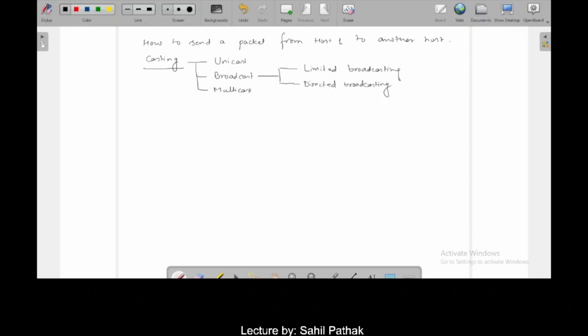So now if we discuss the method of unicast, let's say we have two networks. One is network X, another one is network Y. This is a machine which resides on the network X. Let's say it has the IP address 11.1.2.3, and the IP address of the network would be 11.0.0.0.